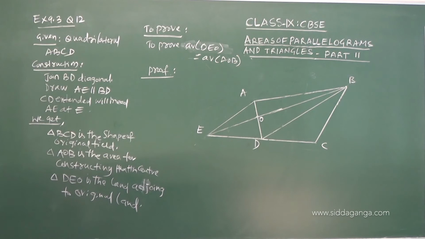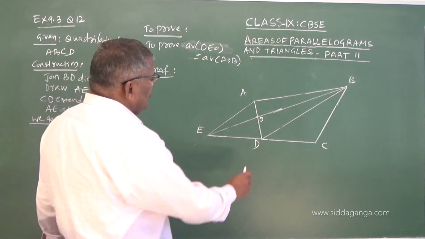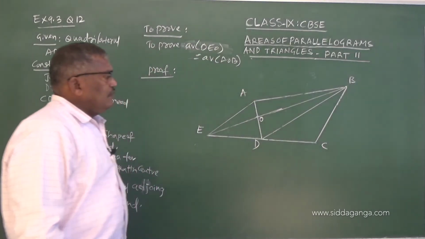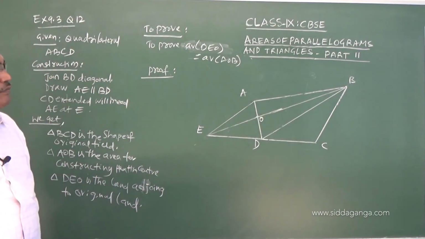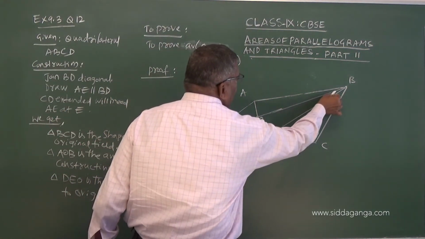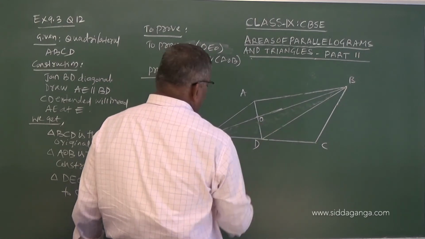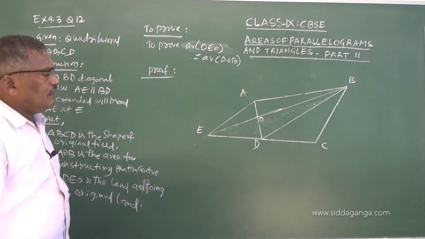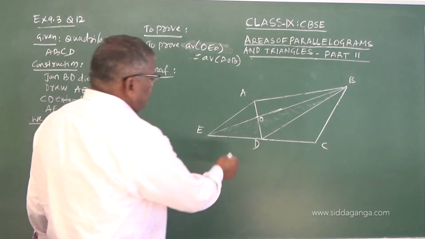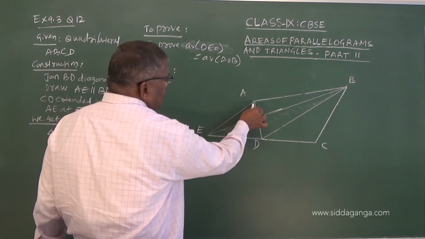Observe the figure carefully. You observe these two figures, DEB, this long triangle, and DAB, this triangle.